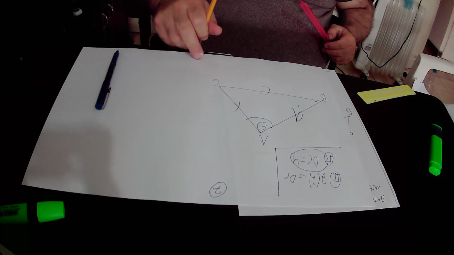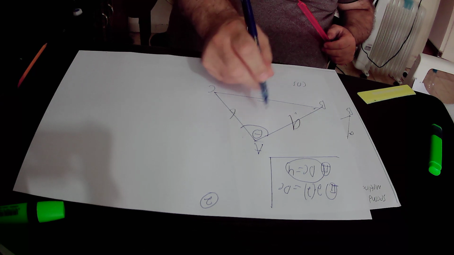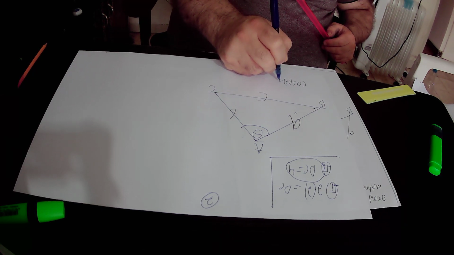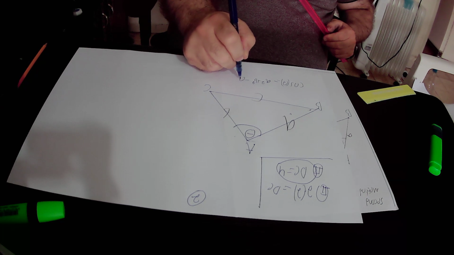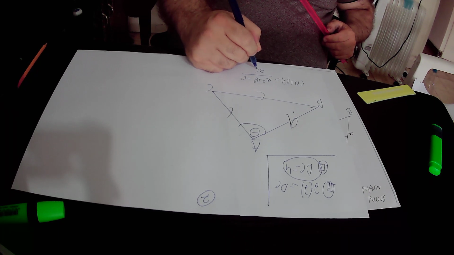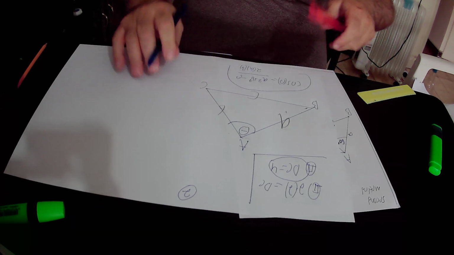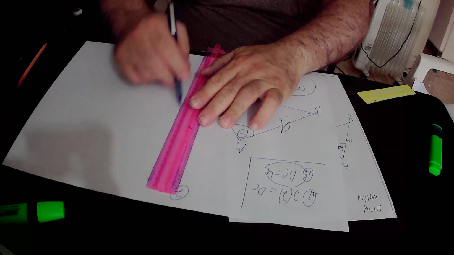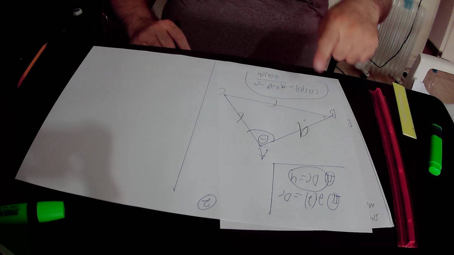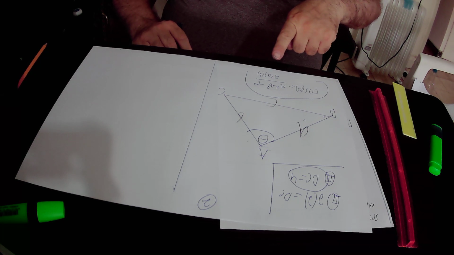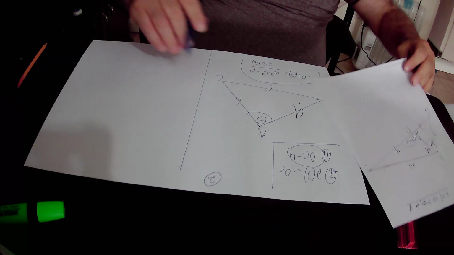Then, according to the law of cosines, we get that cosine theta, this is angle theta, equals A squared plus B squared minus C squared over 2 times A times B. I repeat again, according to the law of cosines, in any triangle, triangle ABC could be any triangle, cosine theta equals A squared plus B squared minus C squared over 2 times A times B. This is the law of cosines.